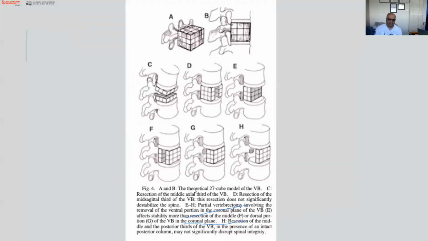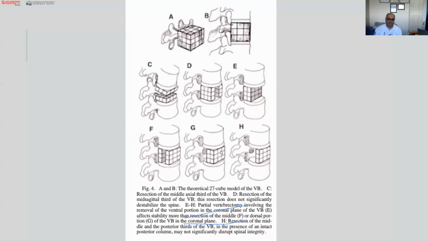Now, this tube concept, which is popularized by Ed Benzel, again tells you the same thing, that if you remove the anterior portion of the vertebral body, then the tendency for collapse is more.